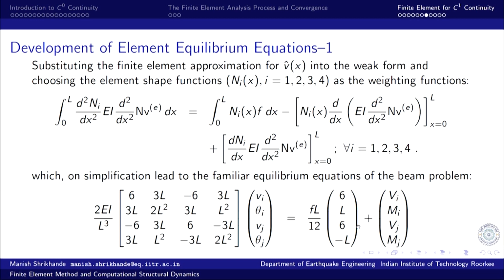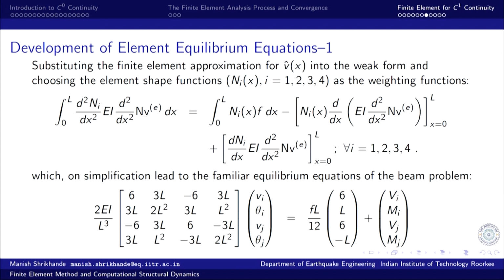And that is what leads to, after substituting these interpolation functions and evaluating this integral, which is just a one dimensional integral in x, and substituting the limits, this particular element level equilibrium equation, which is very familiar.